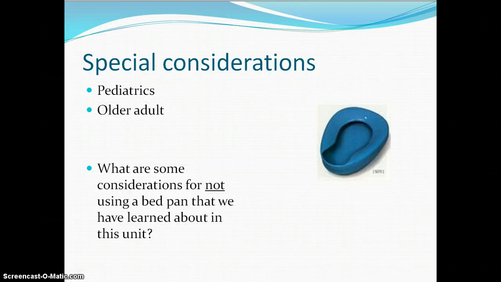With our pediatric population, we know that there are a lot of things that are very different for pediatrics. They will not probably have the 30 milliliters of urine output as adults do, so we base it off of their weight and their age.